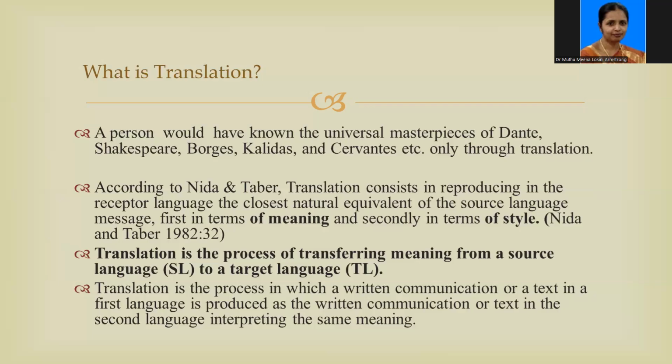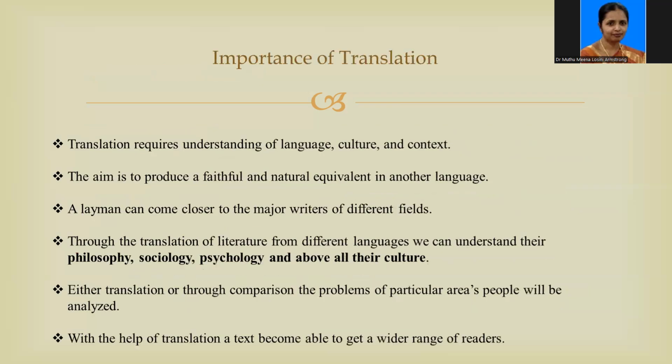The next one is Constance Garnett, who translated classic Russian literature such as the works of Tolstoy and Dostoevsky into English. And the third one, Xuanzang, a Chinese monk who translated key Buddhist texts from Sanskrit to Chinese, which contributed to the spread of Buddhism in East Asia. So these are the earlier translators in history who played a very important part in translating.